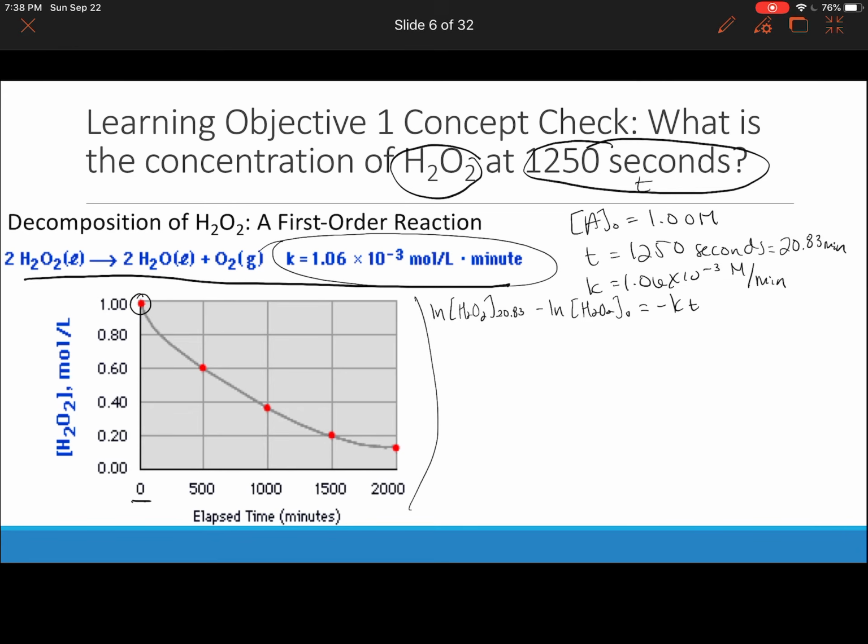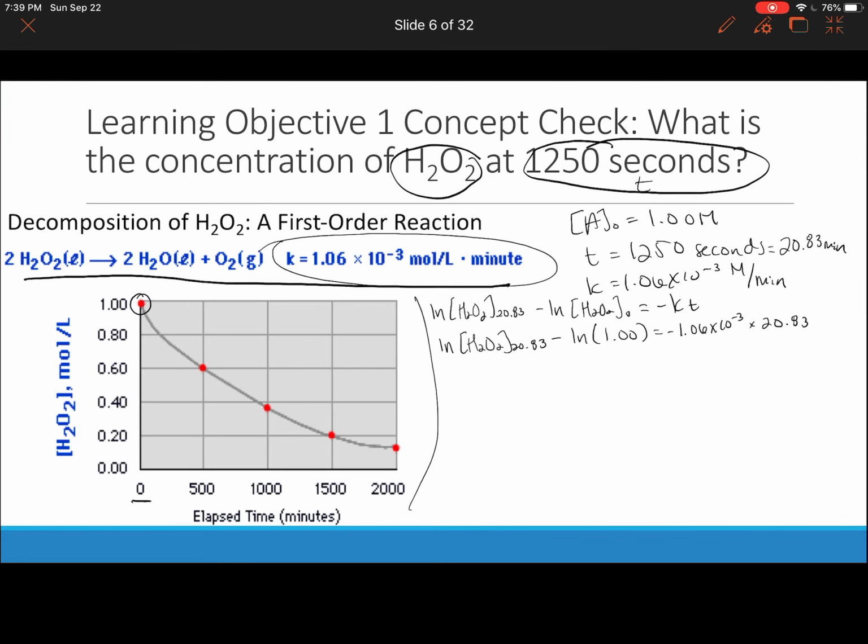So we have ln H2O2 minus ln 1 equals negative 1.06 times 10 to the negative 3 times 20.83. And I'm just keeping units out because it just makes it more complicated than it needs to be.